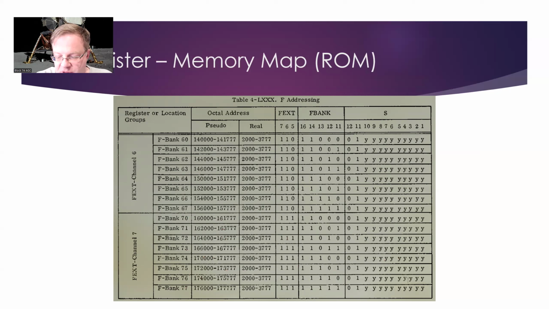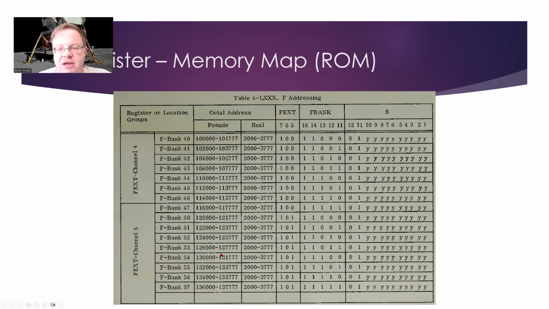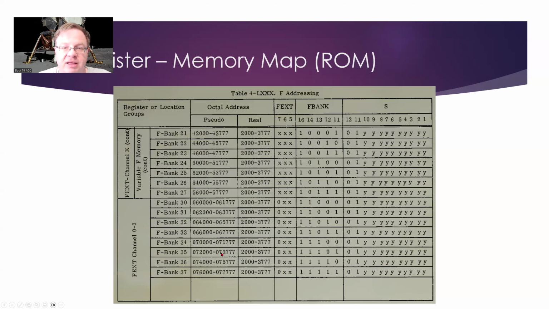Only 36 banks were populated in the physical hardware, though the design could theoretically allow for additional storage to be added if they wanted.